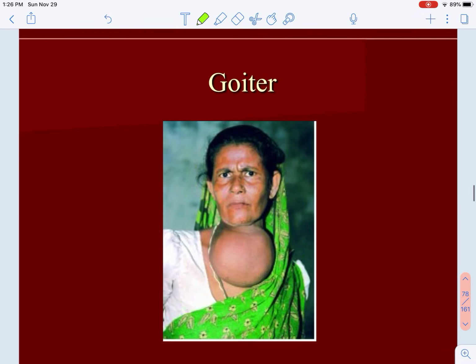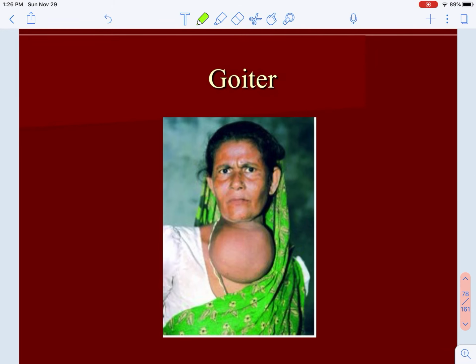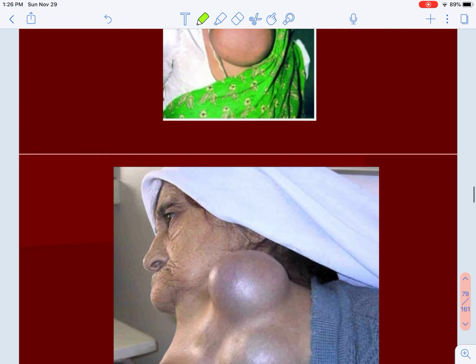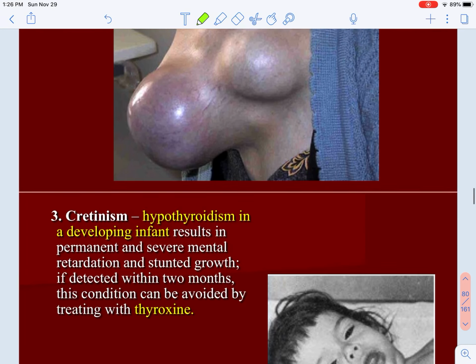So there are patients in both of these disorders who will have swollen thyroid glands. Seeing that is not a definitive way to diagnose a patient. Looking at their levels of hormones is a much better way to tell if they're low or high on thyroid levels, thyroxine levels.